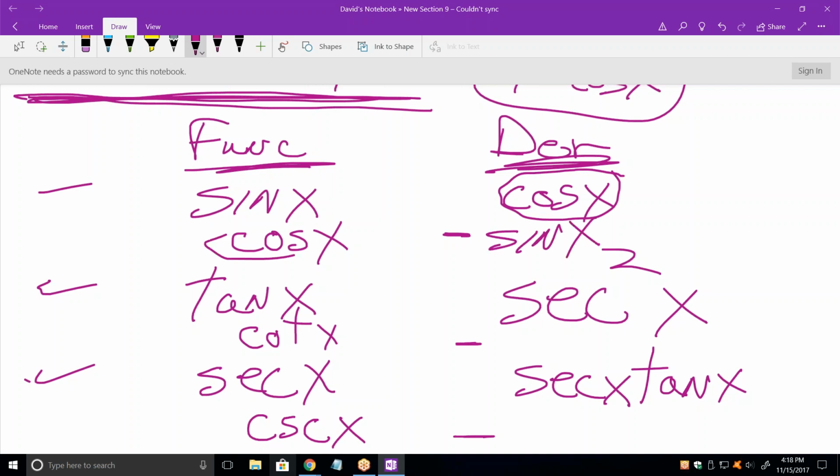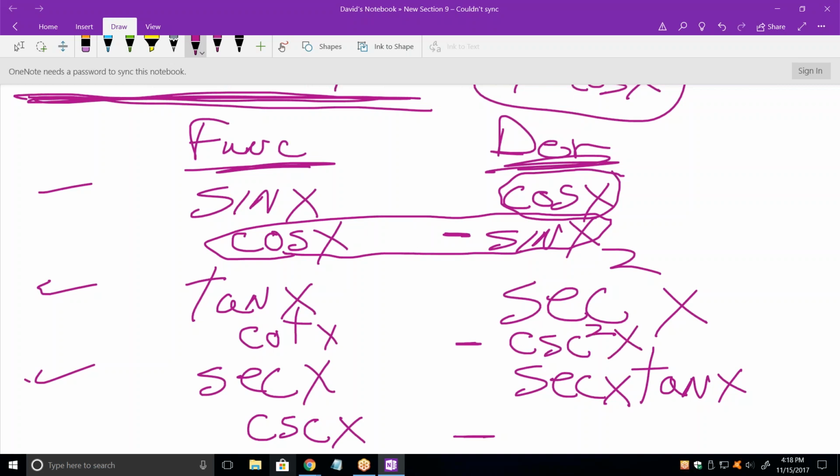So those two go together. What's the cofunction of secant squared? The cosecant squared. And what's the cofunction of each of these, the secant and the tangent? Cosecant, cotangent. And there you go. All your derivatives.